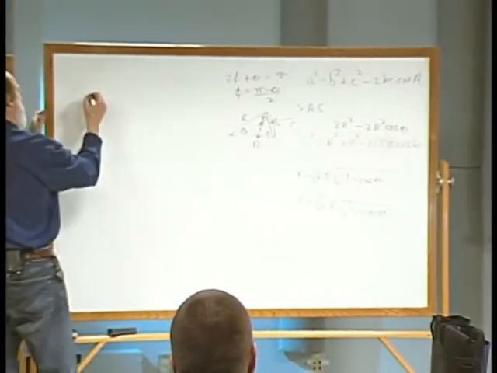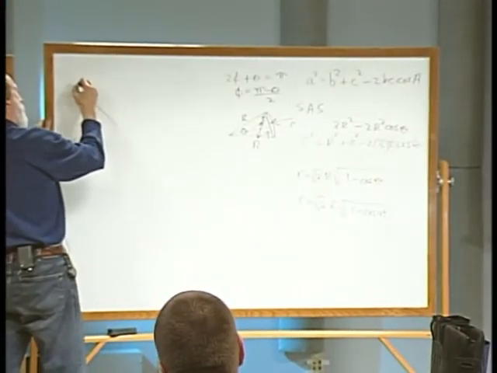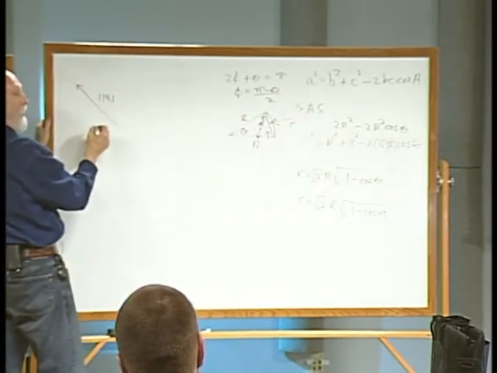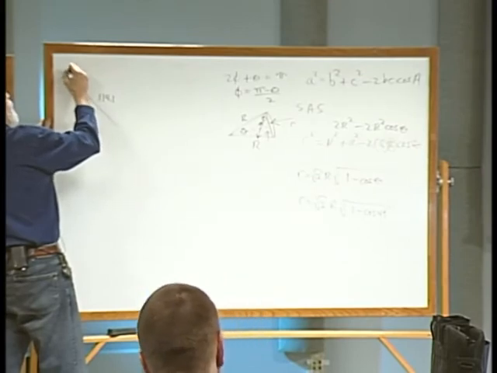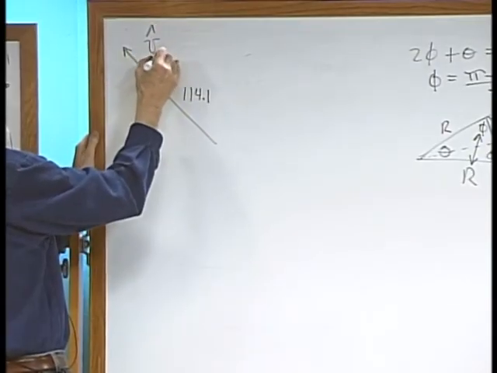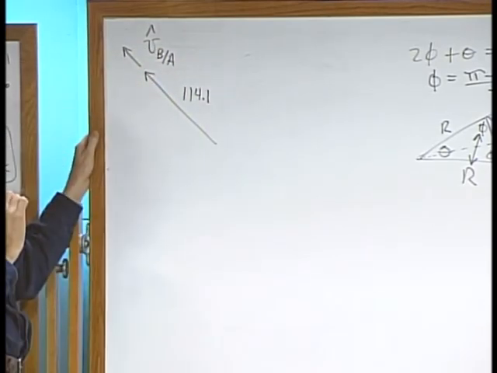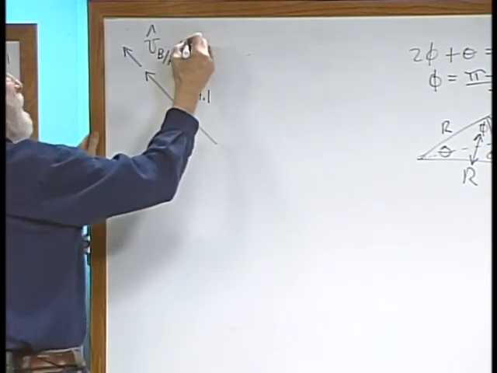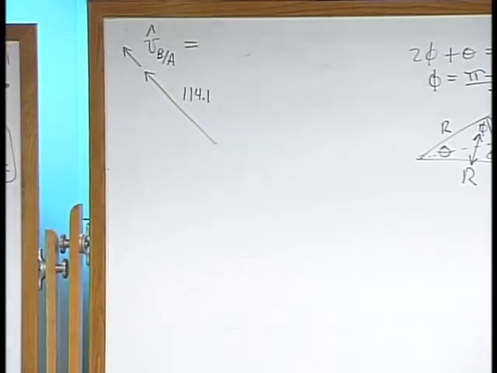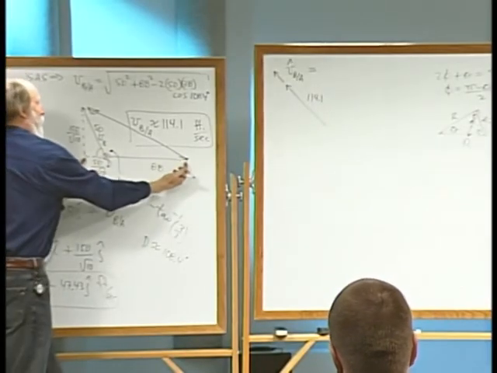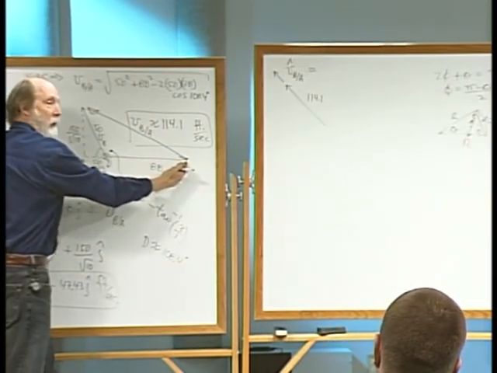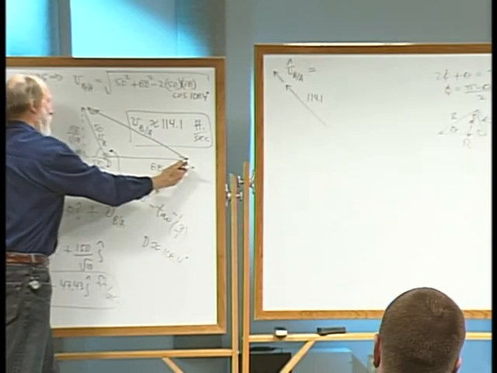We could take this thing that's 114.1 in length, and we could make ourselves a unit vector called V sub b relative to a hat, and that thing has to be equal to this overall vector here with these parts shown divided by its magnitude.